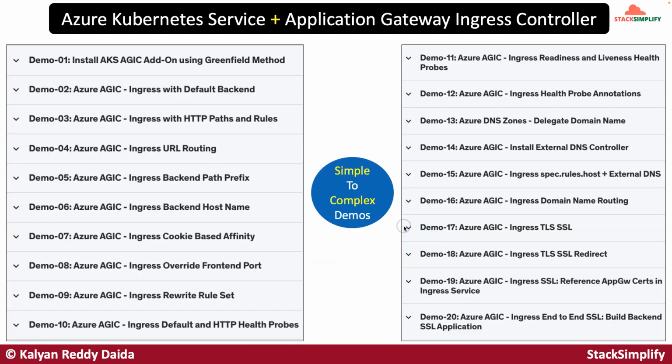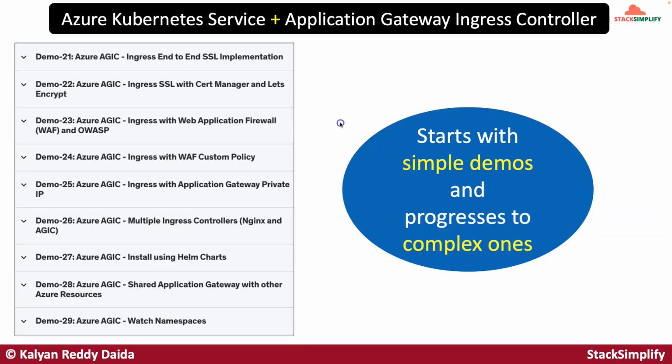In addition, right, these demos on Udemy are configured in an incremental order. So you can see demo 1, demo 2, demo 3, demo 4 in such a way that they go from simple to complex demos. So we will start with simple demos and progress to complex ones.